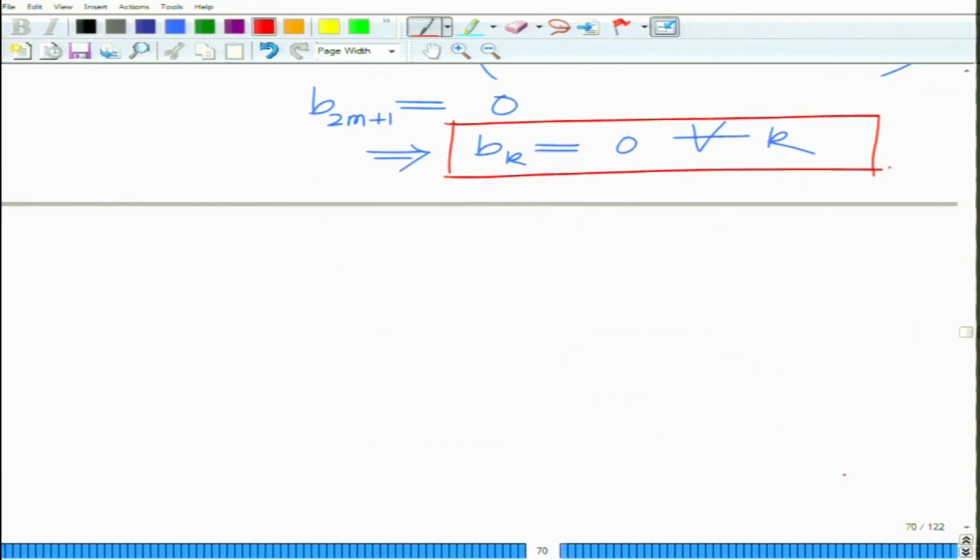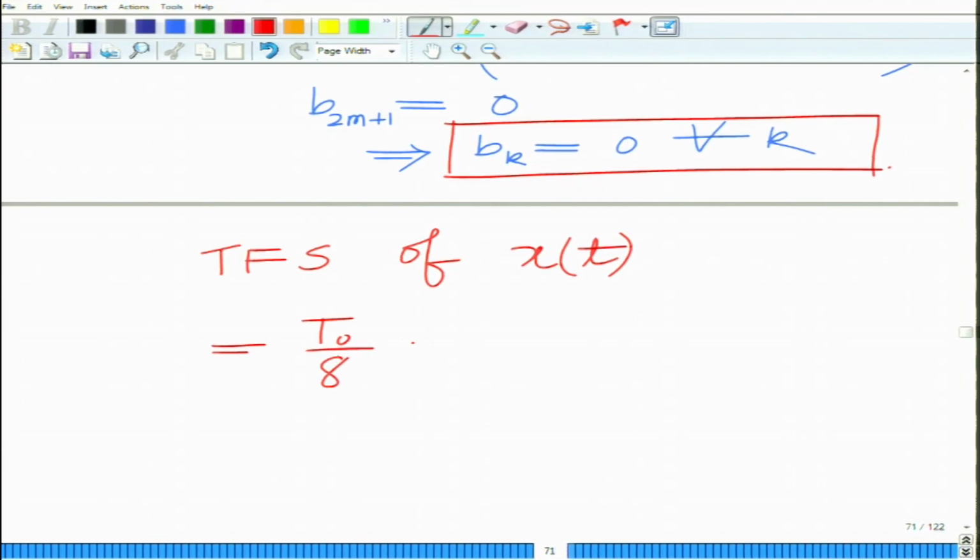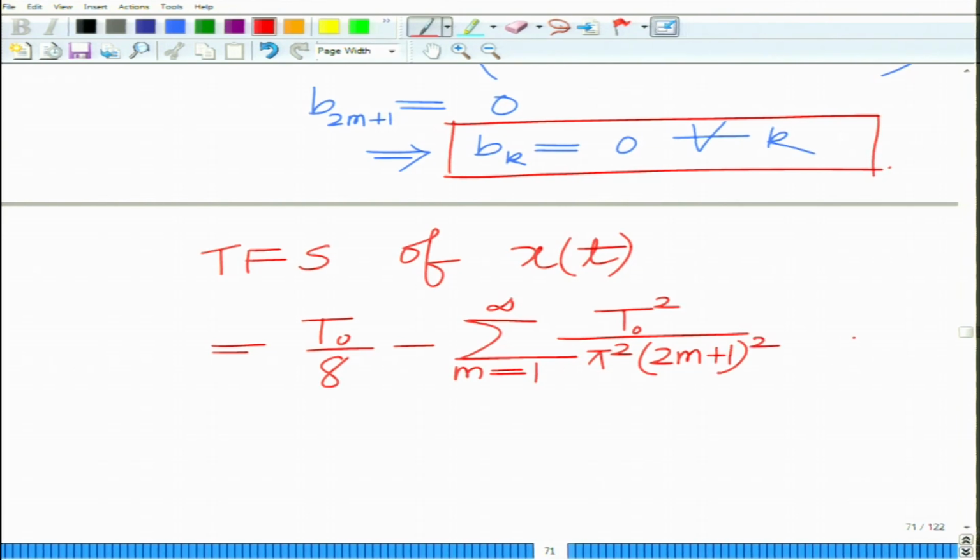Therefore, the TFS of the periodic triangular wave x of t equals T naught by 8 minus summation m equal to 1 to infinity T naught square by pi square into 2m plus 1 square into cosine of 2m plus 1 omega naught t.